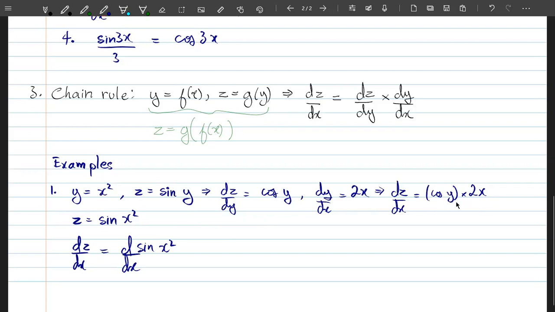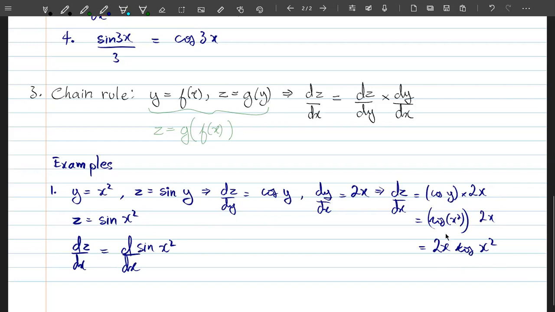So it doesn't look very nice because it looks like a function of two different variables, but the fact is that y is actually x square. So you can write this as cos of x square multiplied by 2x, or in a better form, 2x cos of x square. So why do I say this is a better form?